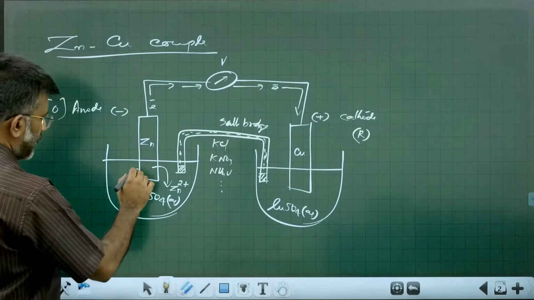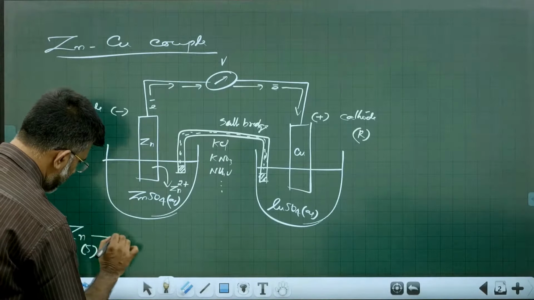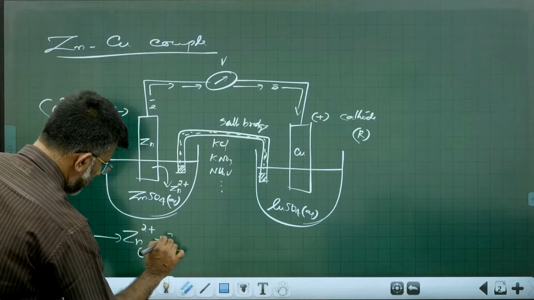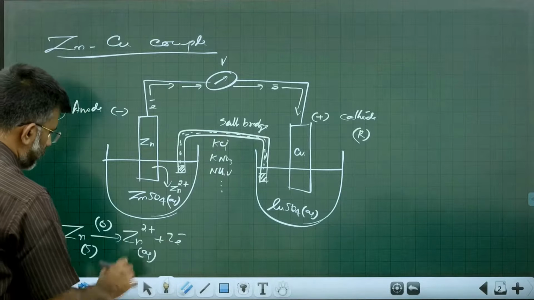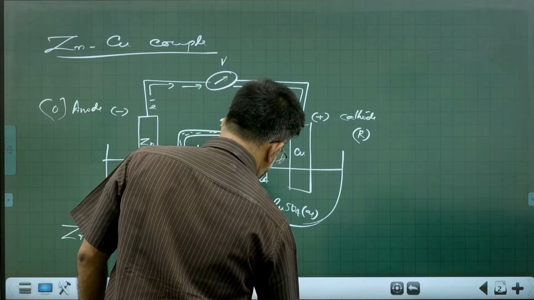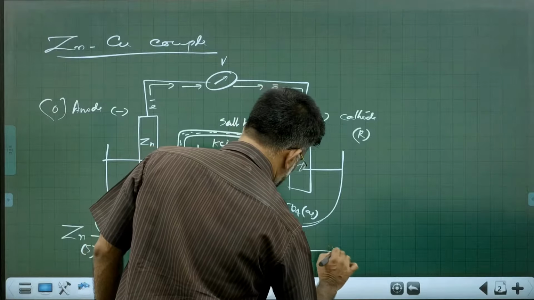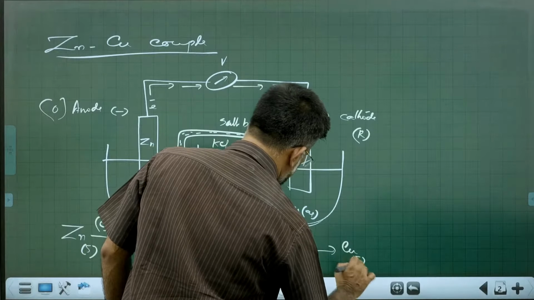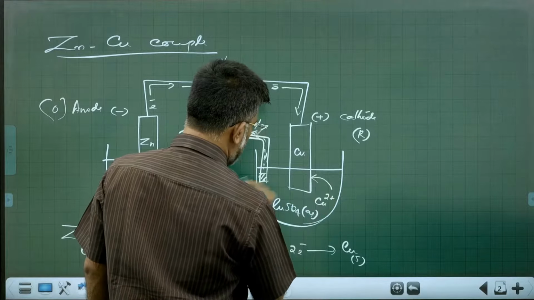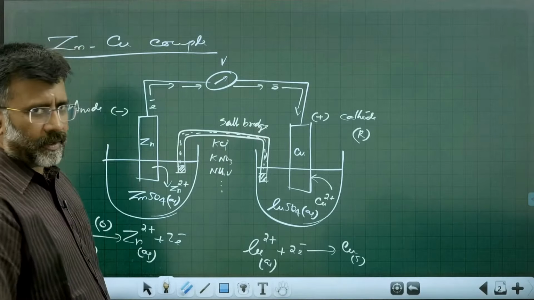So zinc solid is converted to Zn2+ aqueous plus 2 electrons, that is oxidation. Now that electron reaches the cathode, and there is reduction. Cu2+ from the solution absorbs 2 electrons and is converted to Cu solid, deposited on the electrode using the electrons that are coming.